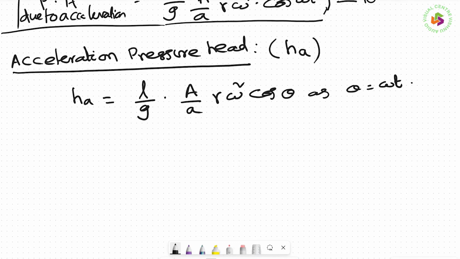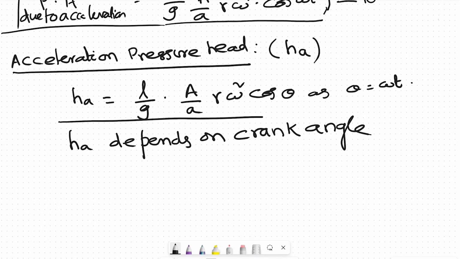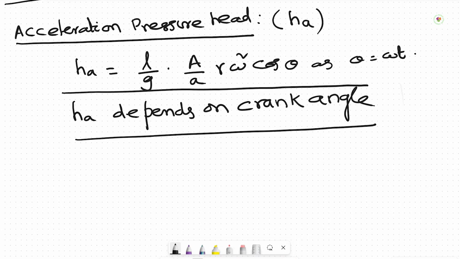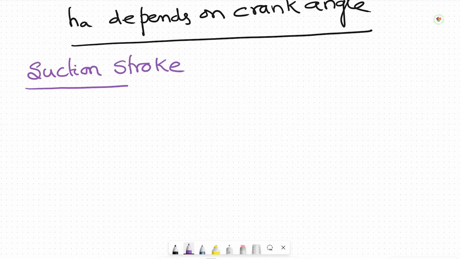That means HA depends on crank angle. Now take the suction pipe. Suction stroke relates to the suction pipe.